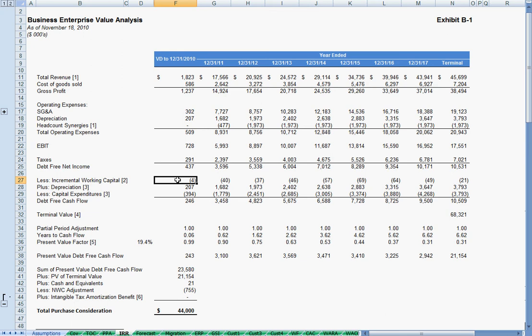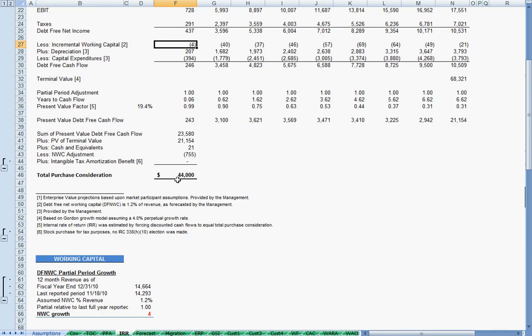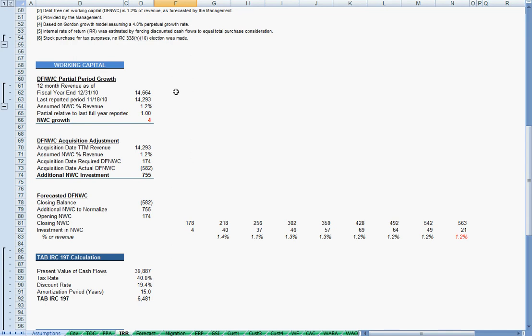So again, going back to this negative 4, the way it's calculated, we go back in the model, and you'll see that the valuation date for this analysis is 11/18/2010. And so 12 months leading to 11/18/2012, the company had 14,293 in revenues. By the end of this fiscal year, the revenues will be 14,664.